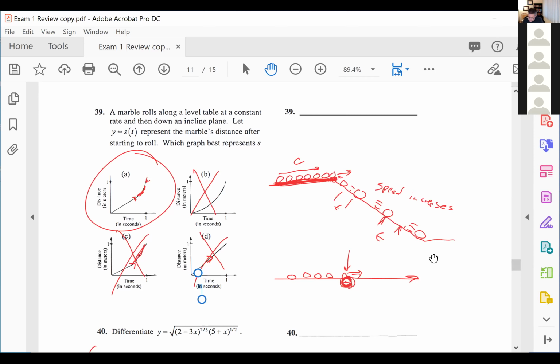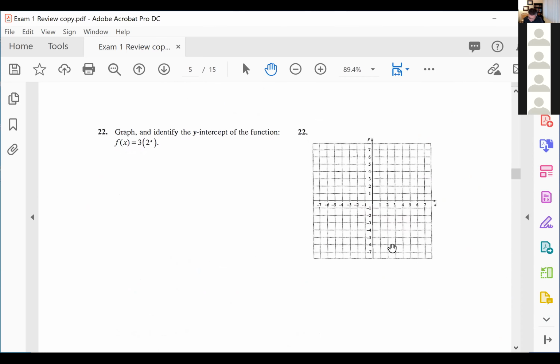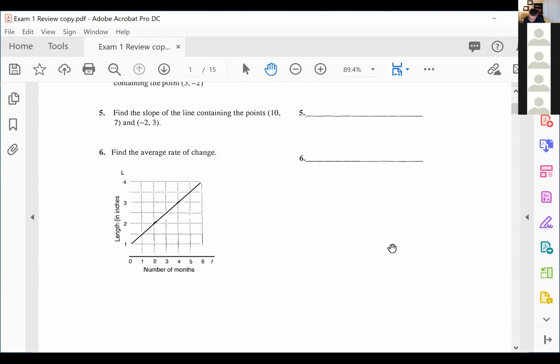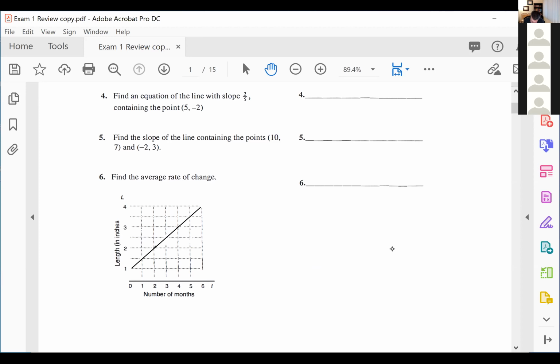Okay, find the average rate of change in R6. Going up here. Average rate of change. Well, for every 2, I go up 1. So it's not to scale, which kind of throws you off.